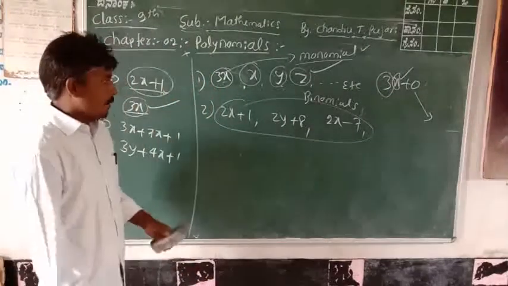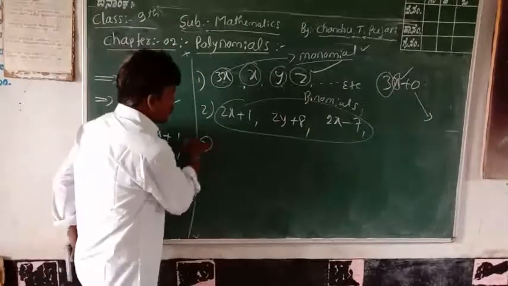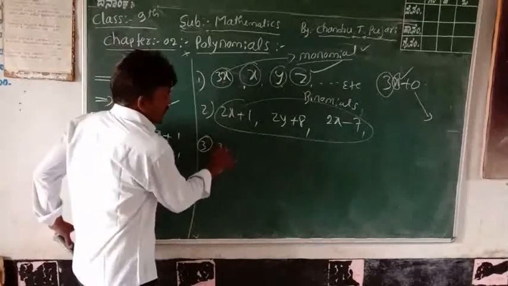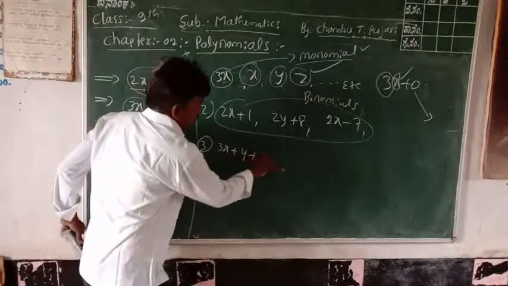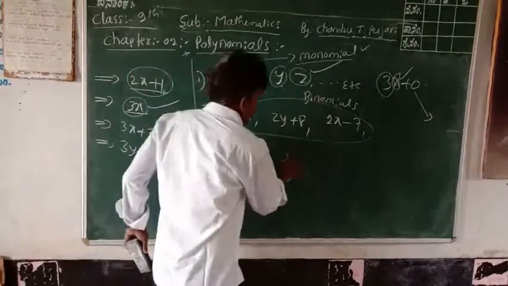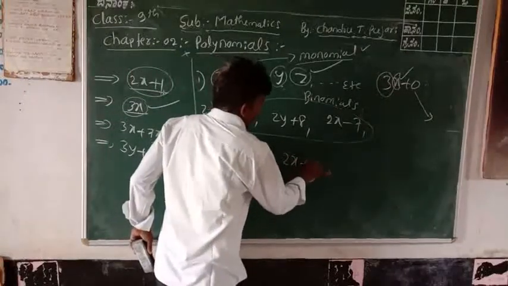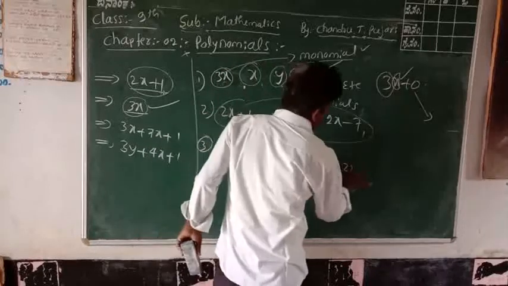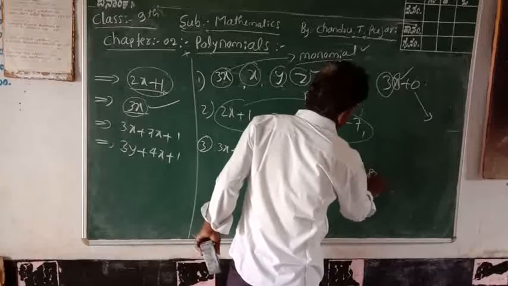The third one: three terms are here. For example, 3x plus y plus 8, or 2x plus y plus 1, or 2x square plus 8x plus 1.